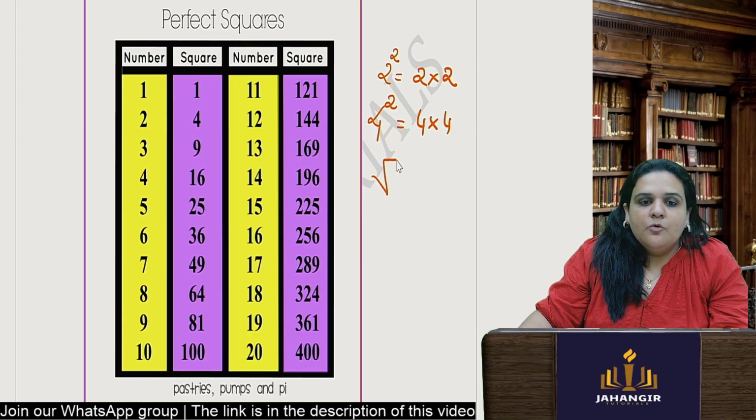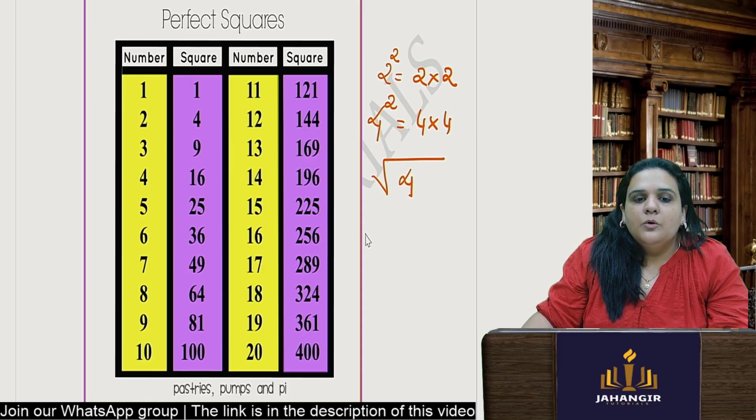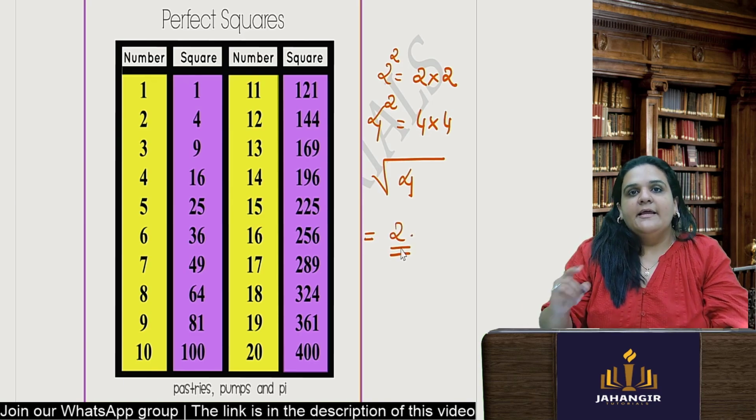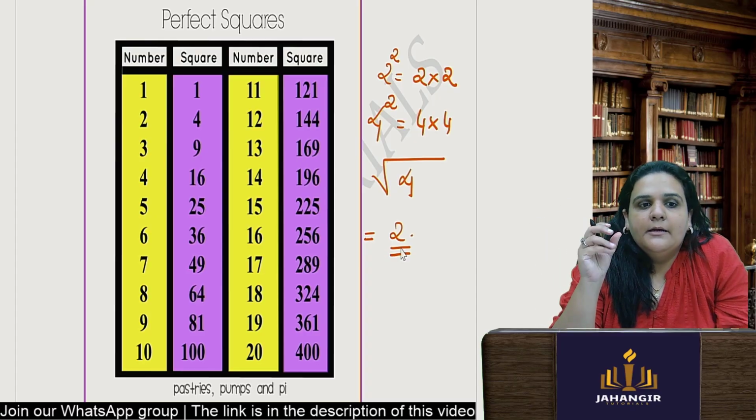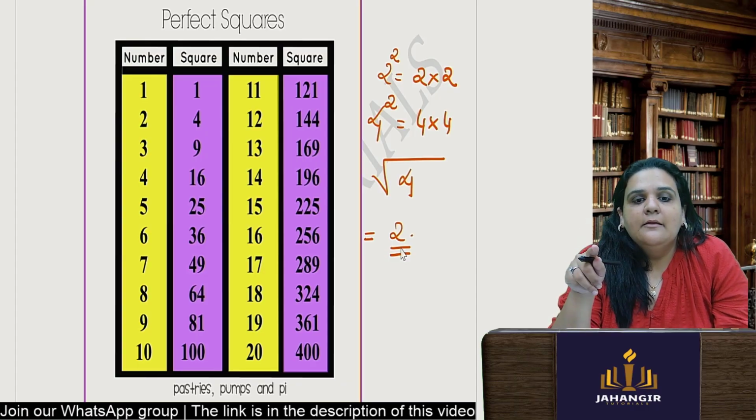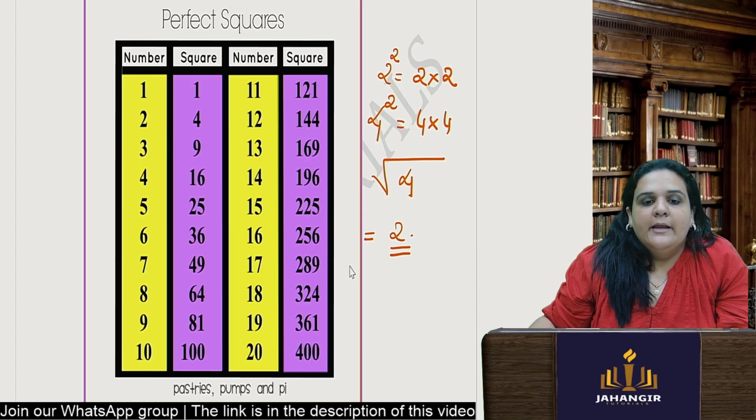Square root is basically, if I am telling you to find the square root of 4, you know that it is nothing but 2. When I write the square root, I have to divide that number in a form where I will get only a single digit. I got the square of 4 when I did 2 into 2.